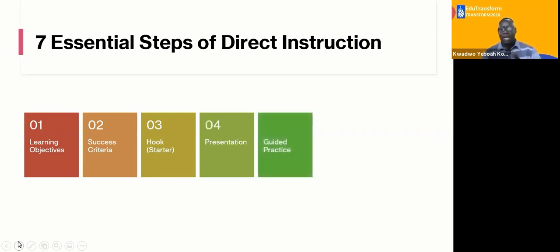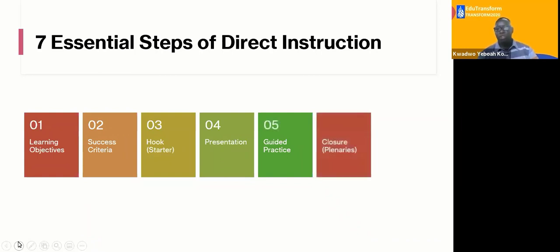That clearly shows that the first 3 are preparing the students to take center stage of the direct instructional process. Then we mentioned that the 5th item is where you give the students the opportunity to have guided practice. Whatever you present to the students, they need the chance to practice it right there with you, so that you can ascertain that the students have grasped it.